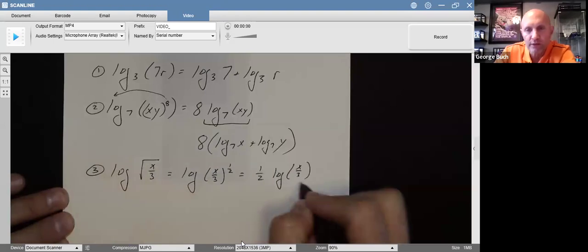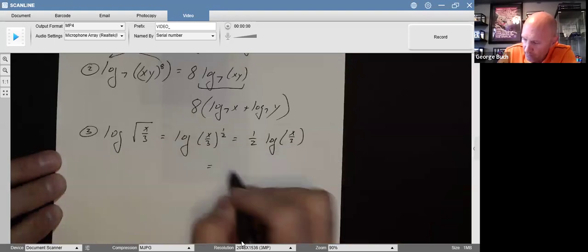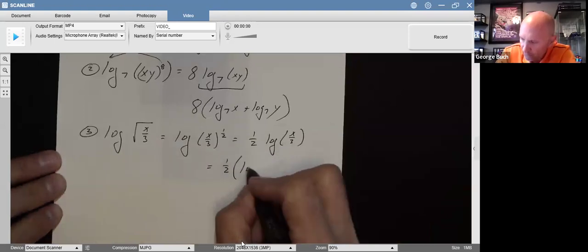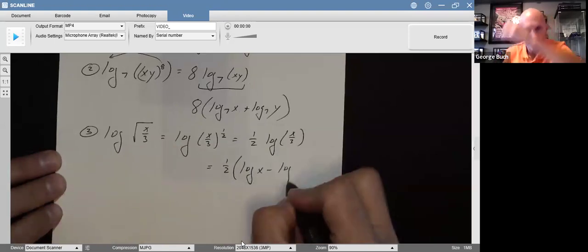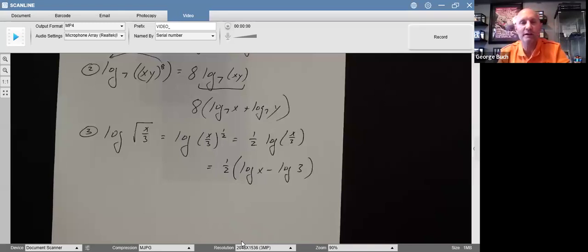And x over 3 is division, meaning what? Subtraction. So it's 1/2 times log of x minus log of 3. Well, that's our different variations on expansion.